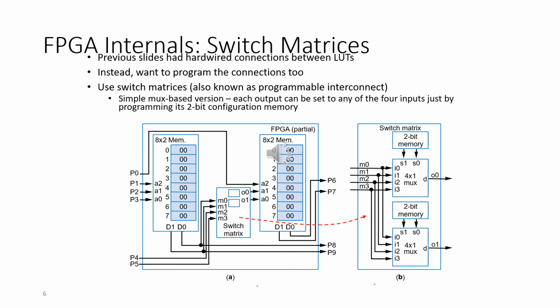So any of these 4 can be directed to the next LUT's input, and one output is paired, which is the third output. So 2 lines are programmable and one can be given as a separate input. Each output can be set to any of the 4 inputs just by programming its 2-bit configuration memory.